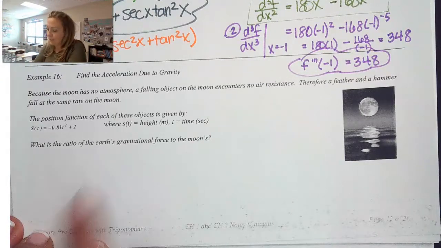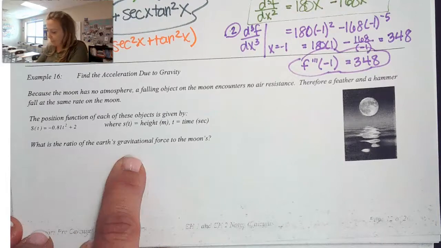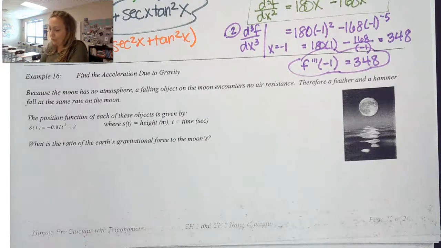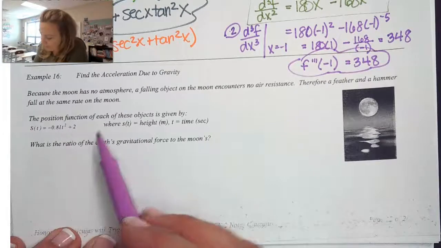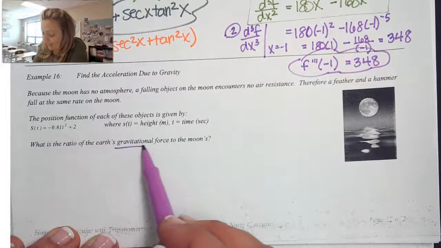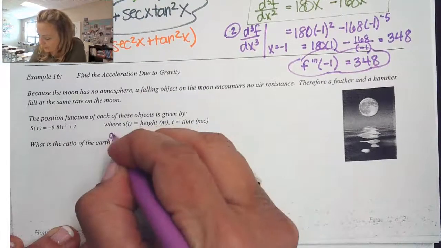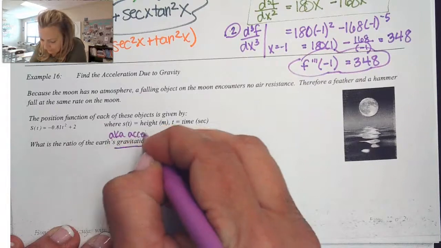It says, what is the ratio of Earth's gravitational force to the moon's? Well, when it says Earth's gravitational force, that's going to be like our acceleration.